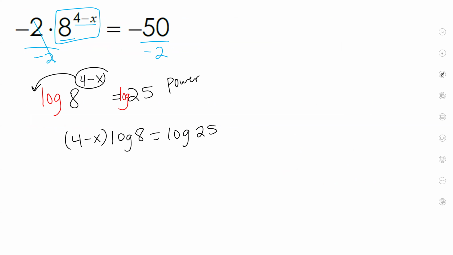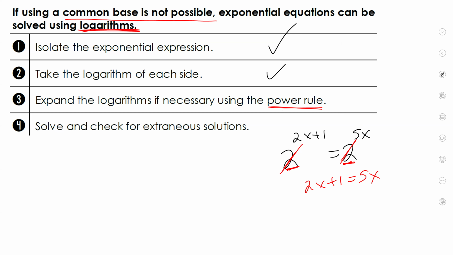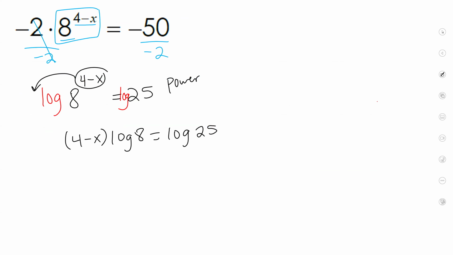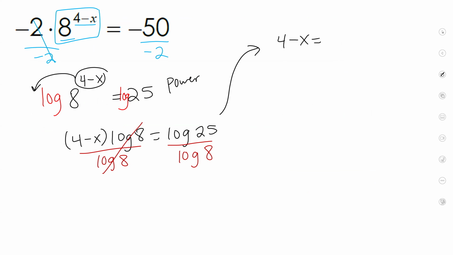Okay, next step is to solve. So we're going to solve. What I'm going to do is divide both sides by log of 8 and log of 8. So I will have up here 4 minus x equals, put this in your calculator. What is log of 25 divided by log of 8?